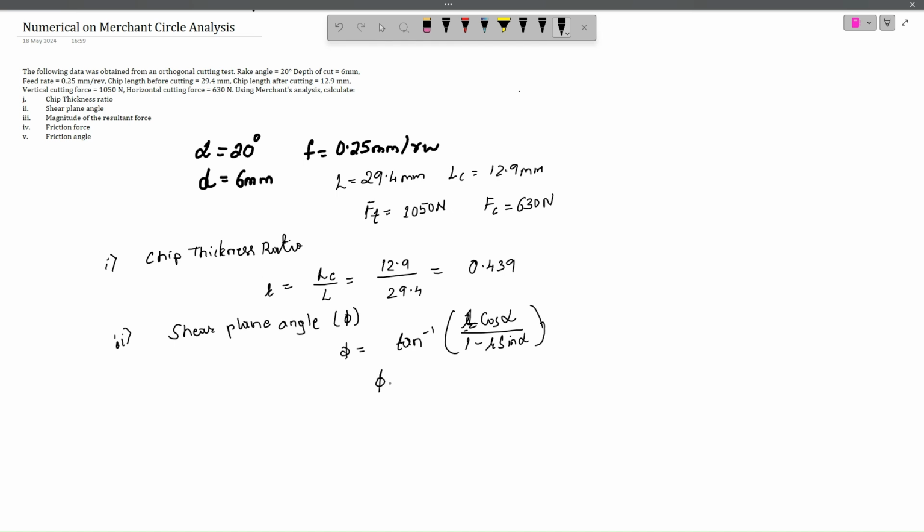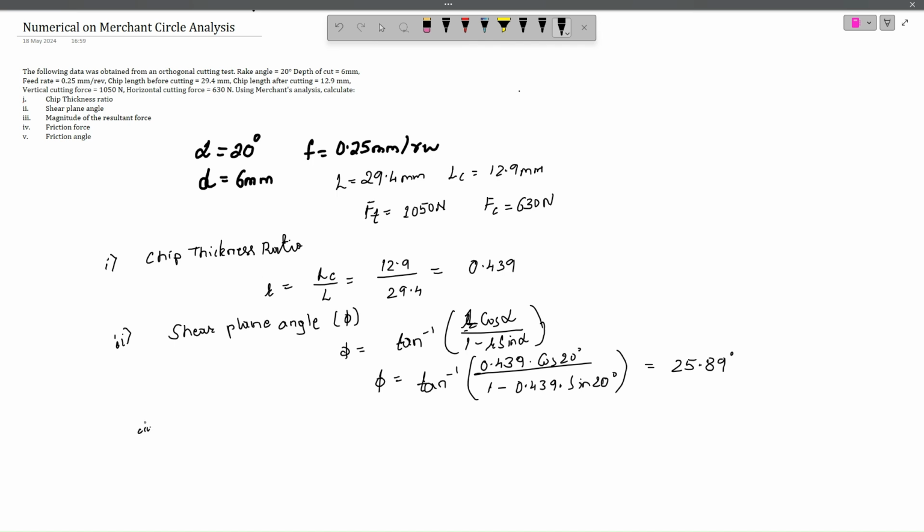Upon substitution, we have tan inverse of 0.439 times cos 20 degrees divided by 1 minus 0.439 times sin 20 degrees. Upon calculation, we get the value of phi as 25.89 degrees. So this is the value of the shear plane angle.